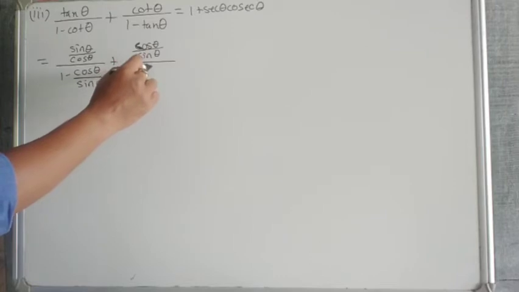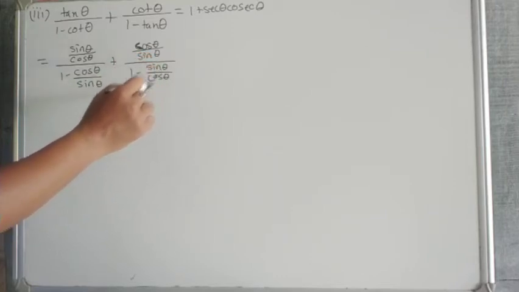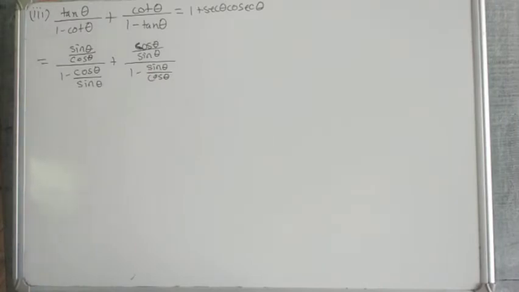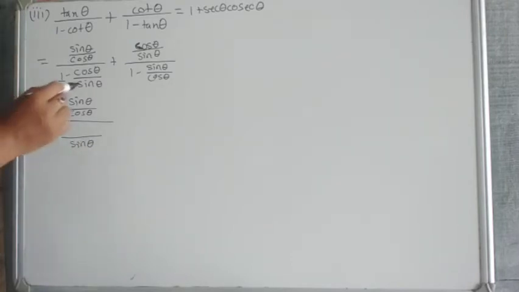One minus sin theta by cos theta. Equal to, now there we will do LCM. The upper one we will not do anything till now, sin theta by cos theta, whole by this one. I am not explaining LCM now because we have done so many questions.